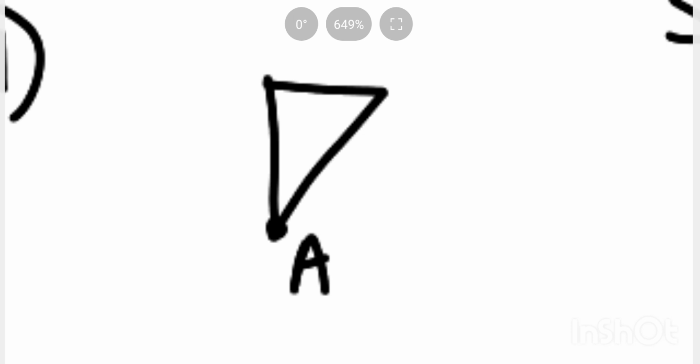Because the rotational symmetry is of order 4, the shape will look like itself during each 90 degree turn, because 360 degrees divide 4 is 90 degrees. So for every 90 degree turn you do, the shape will look exactly like itself.